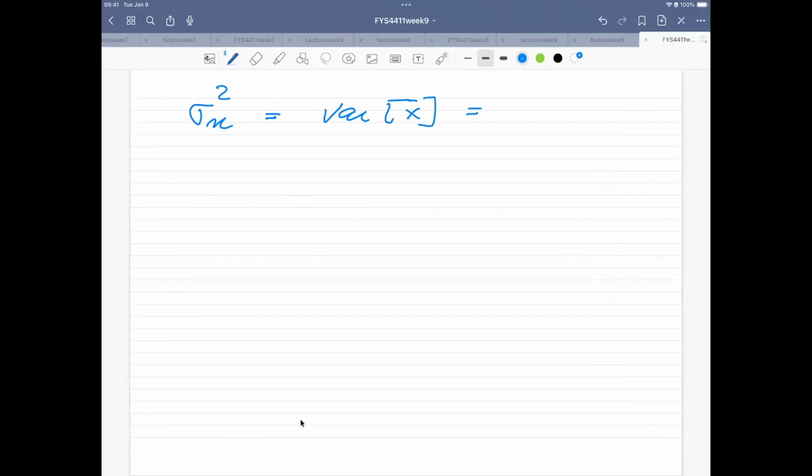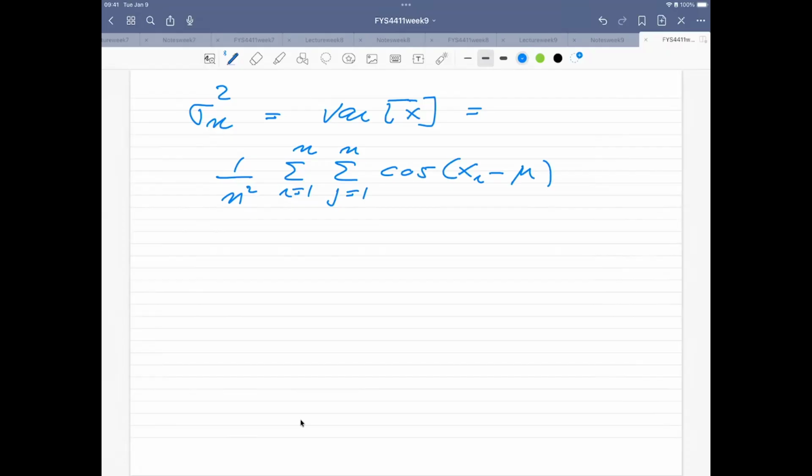Since the data are not independent of each other, this is given by the following function. We have 1 divided by n squared, and then a sum over i equal 1 up to n, a sum over j equal 1 up to n, of the covariance of an event xi minus the mean value. Now we are assuming that the mean value is the same for all the observations.